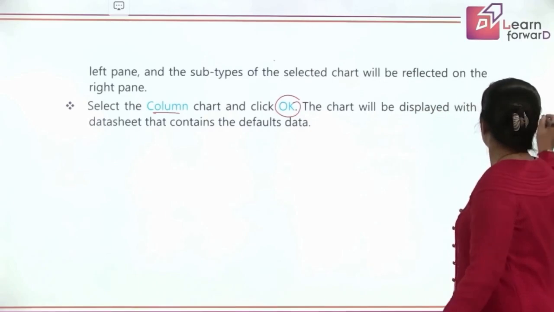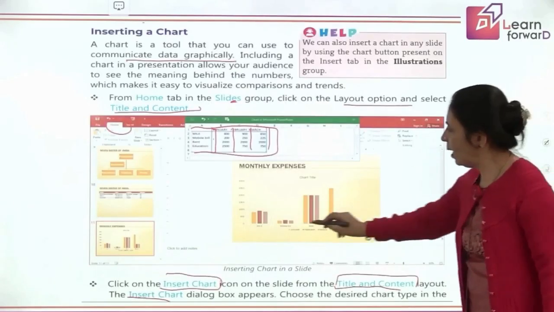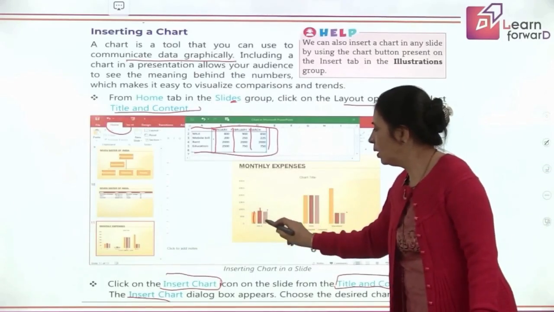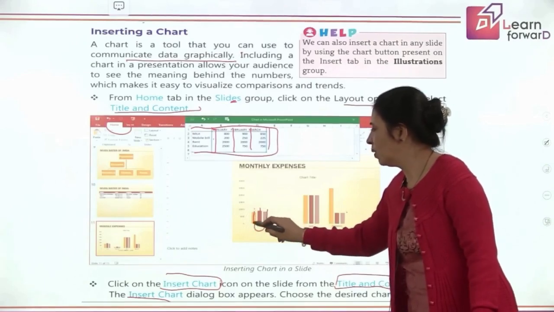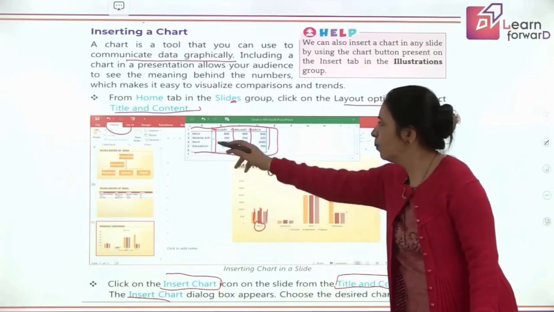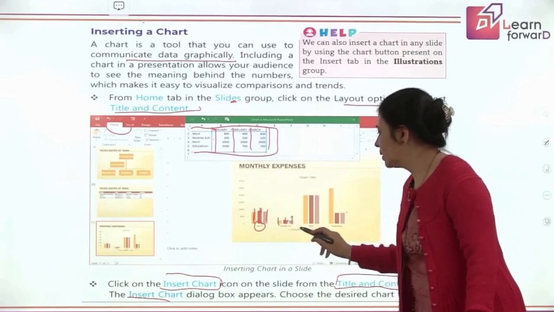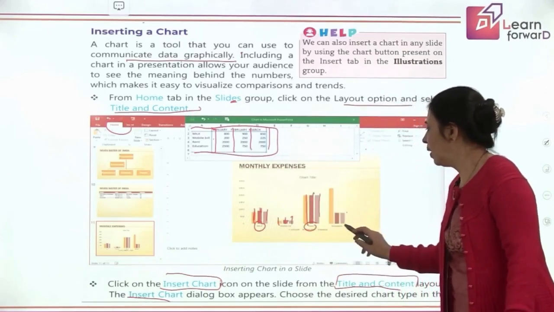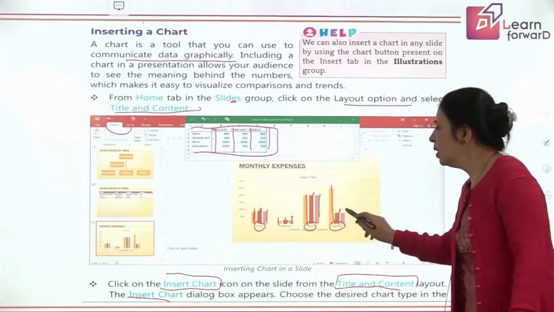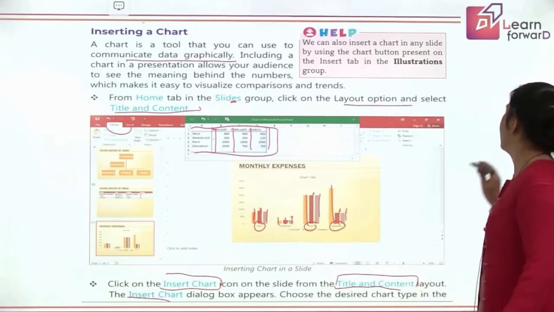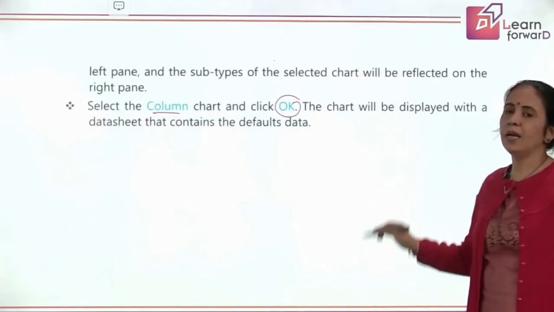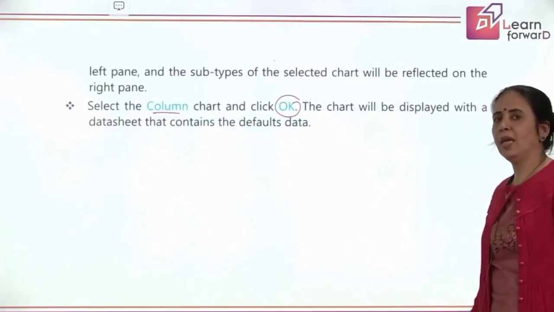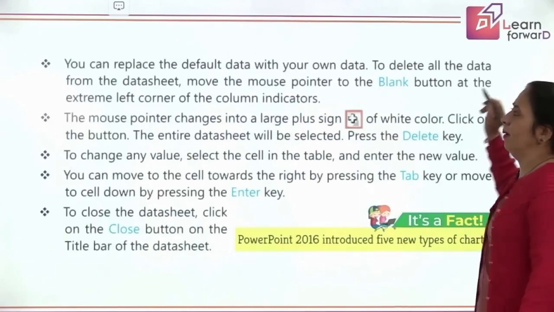Because I have taken a column chart, the data is shown this way: milk for 3 months, then mobile bill for 3 months, after that rent for 3 months, then education for 3 months, right? So this is how the entire data is presented and it becomes easy and quickly readable, right?